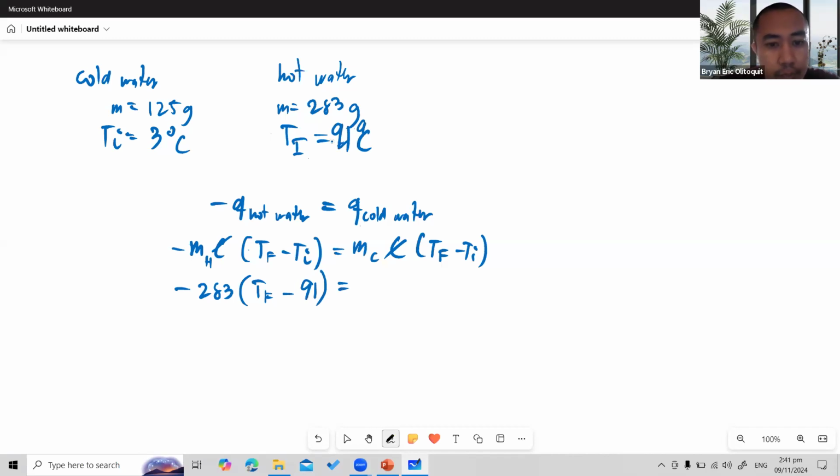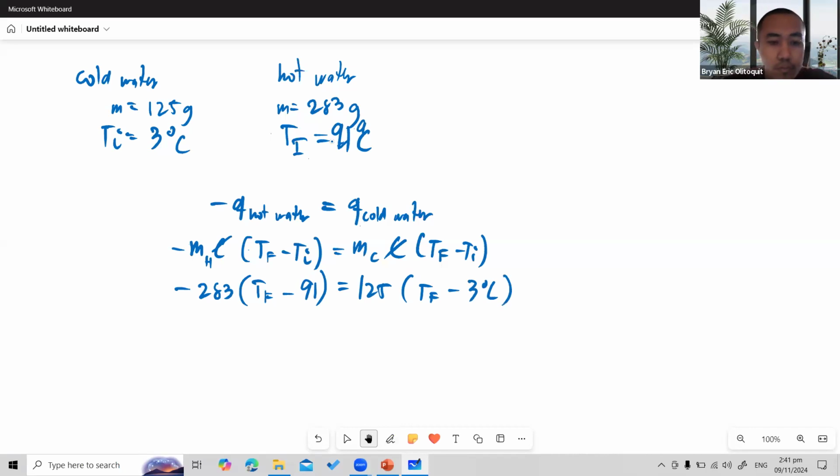This is equivalent to the mass of the cold water, which is 125 grams, multiplied by the final temperature, which we don't know, minus the initial temperature of the cold water, 3 degrees Celsius.